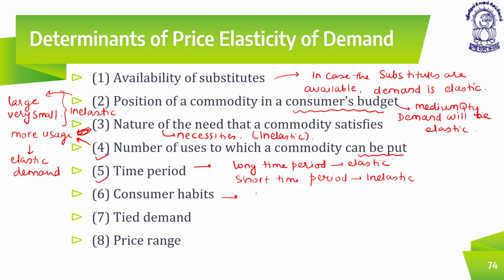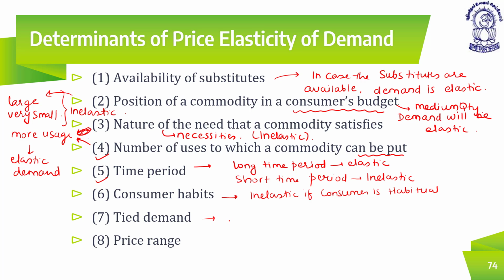If the consumer is habitual, in that case, inelastic demand. The next is tied demand. If the demand depends upon some other product, in that case it is not free, it is not autonomous.